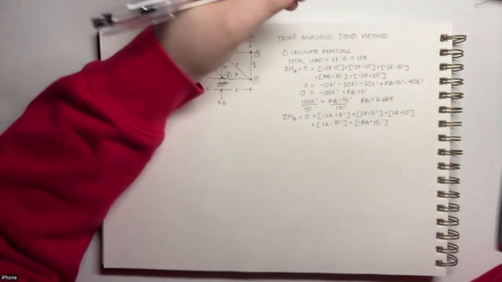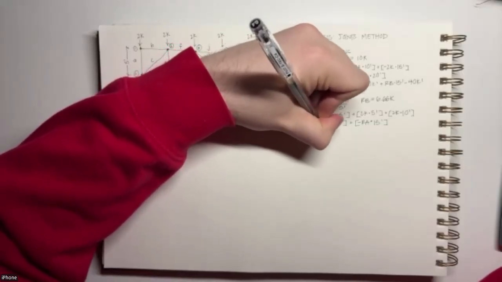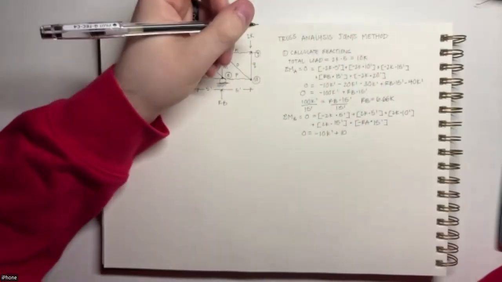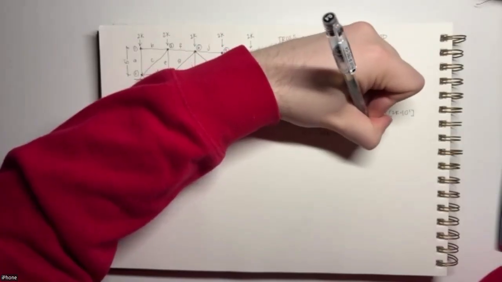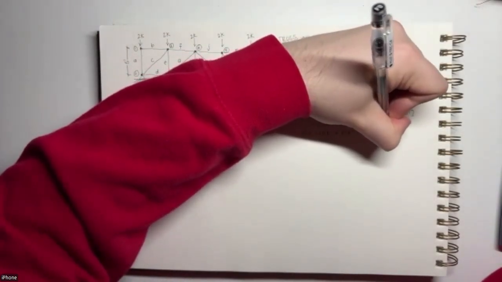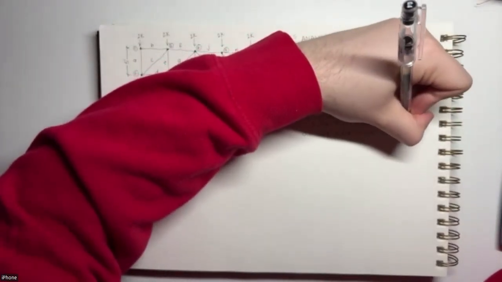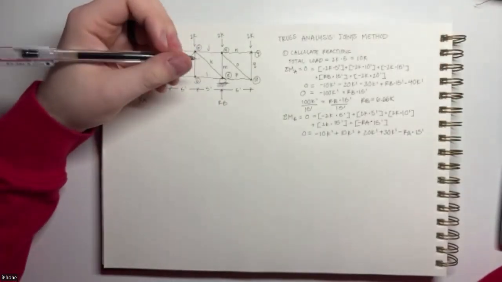Okay, now I can start solving this out. So 0 is equal to negative 10 kip feet plus 10 kip feet plus 20 kip feet plus 30 kip feet minus RA times 15 feet.